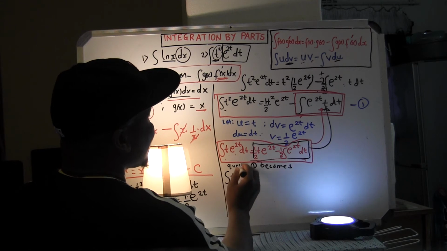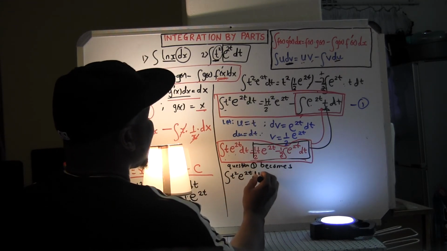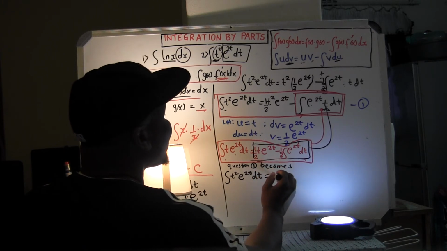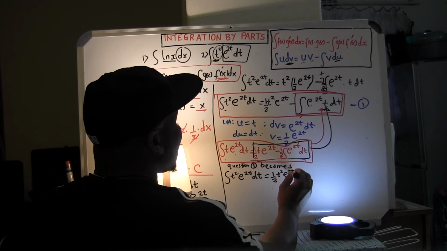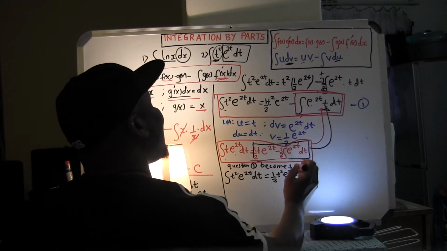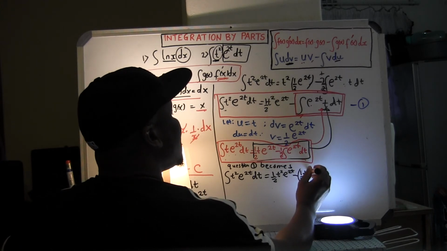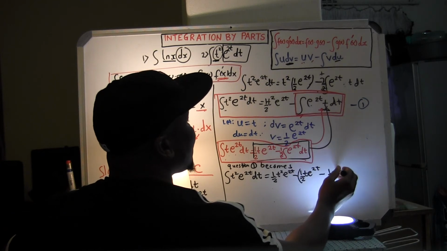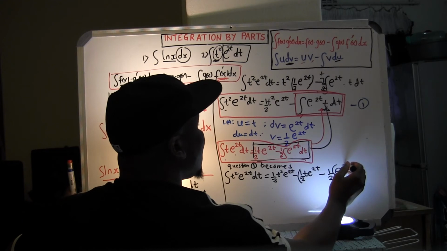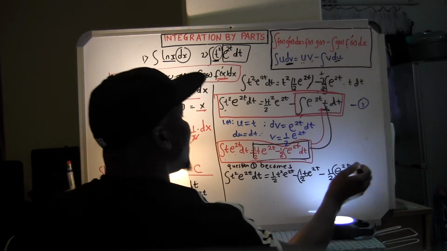The integral of t squared e to the 2t dt is equal to a half t squared e to the 2t, minus, a half, and in brackets a half t e to the 2t minus a half integral of e to the 2t dt.